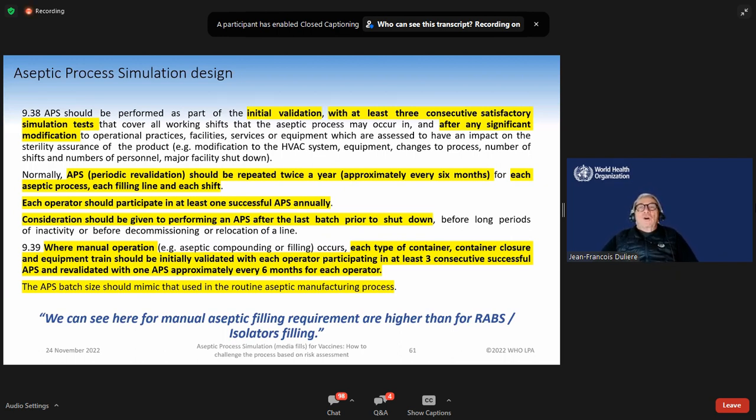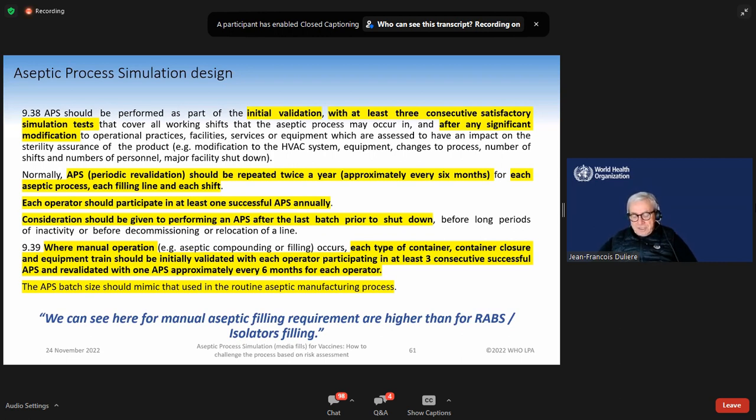These are quite strong requirements. And in your facility, you will need to review your aseptic process simulation schedule. Otherwise, I've made some calculation for some companies, and based on this, they will never produce any drug product.